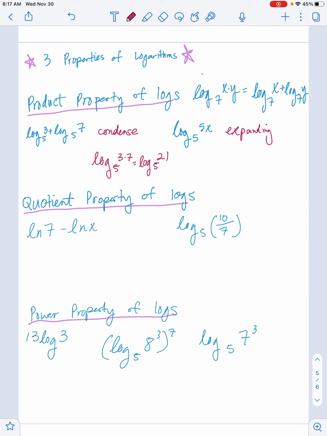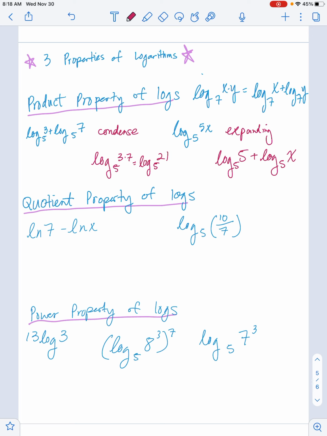I can expand that into log base 5 of 5 plus log base 5 of x. So again, when things are multiplying on the inside, they will expand, and now you'll have two logs adding together. It turns into an addition.